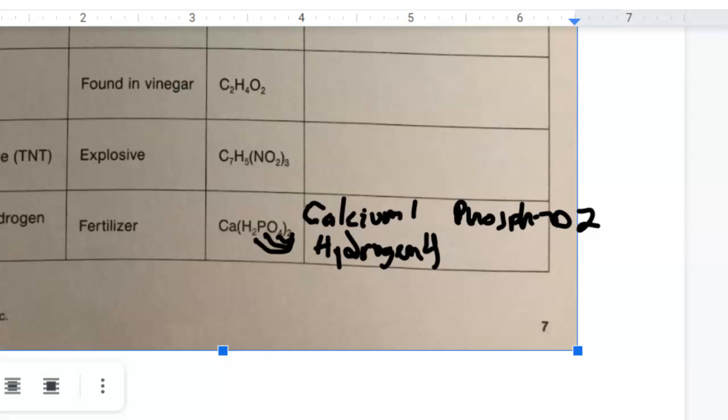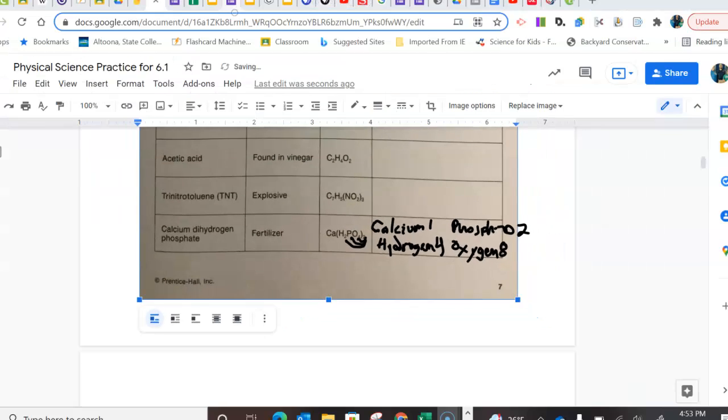And then you have 4 oxygens, but that's times 2, so that becomes oxygen 8. And that's how you'll do that section right there.